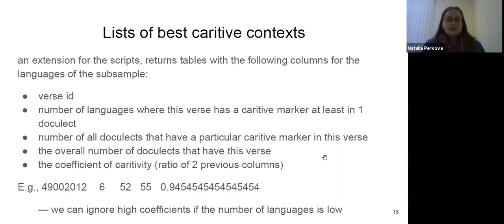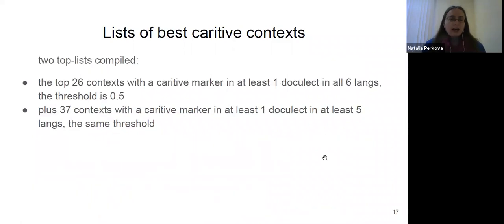Interestingly, why do I need these 3 intermediate columns? Imagine that we only have one verse in only one doculect, and still we can get a high coefficient, but we can ignore it if we just look at these columns. So we compiled 2 top lists.